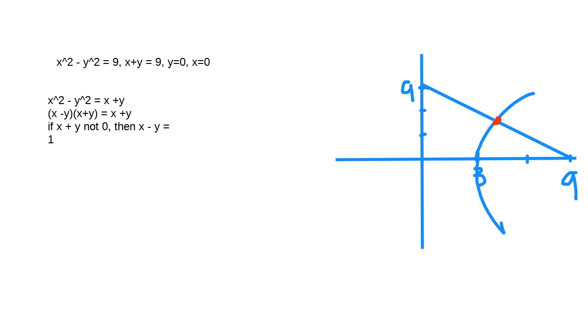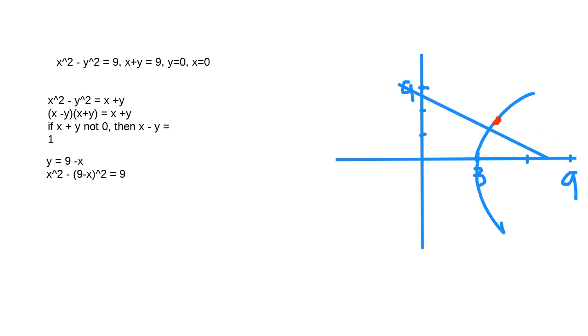So x squared minus (9 minus x) squared equals 9. Then we solve from here, right? This is a minus b squared form, a perfect square.